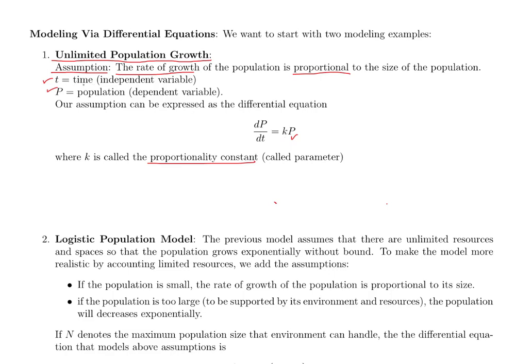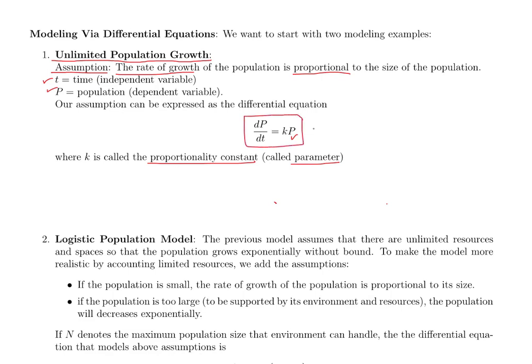That's why k is called a parameter. So in any differential equation, any variable that does not depend on time, we call a parameter. Okay, so for the unlimited population growth, the equation is this one.